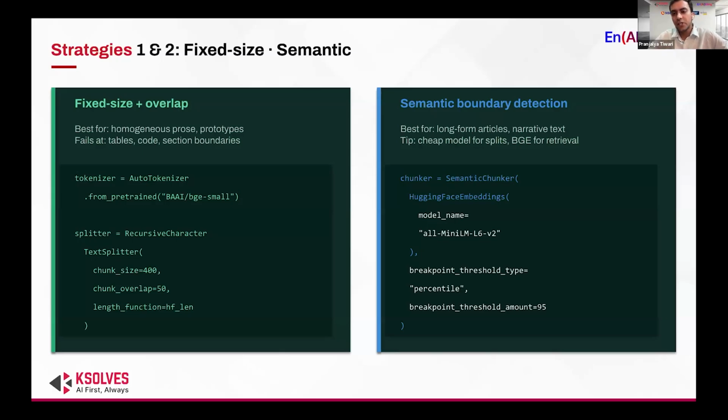Then comes semantic boundary detection. What happens in semantic boundary detection is we scan our particular piece of text to find the punctuation marks, because a sentence on its own makes more sense than a sentence which is being split.